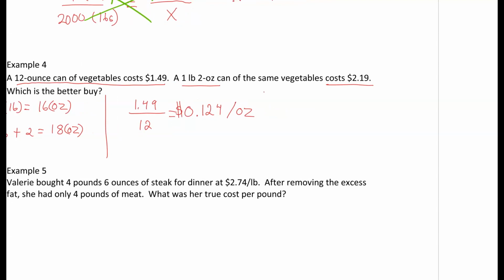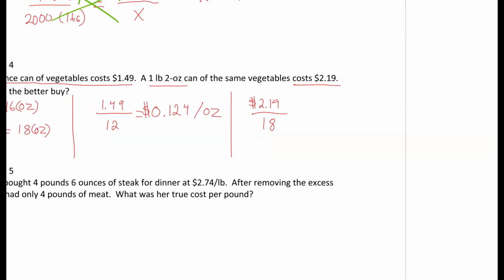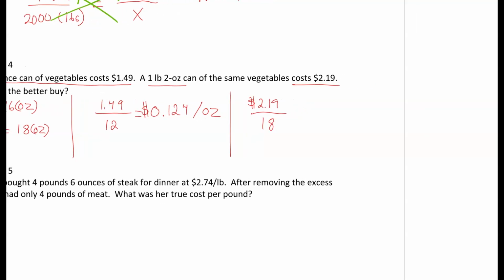Now, the next one we'd look at, we have $2.19 divided by our 18 ounces. If we do $2.19 divided by 18, we're going to get a value of 0.122, and this is per ounce.